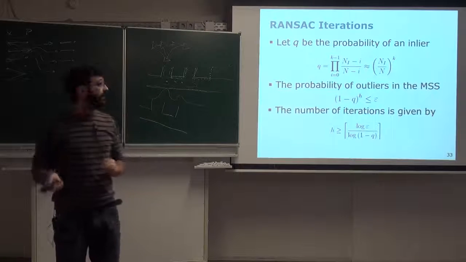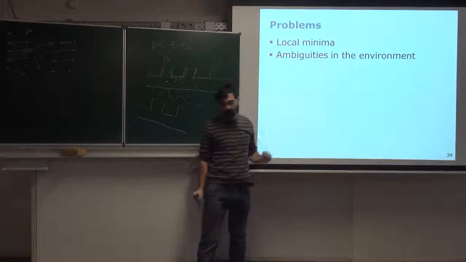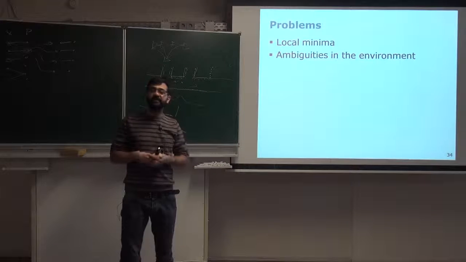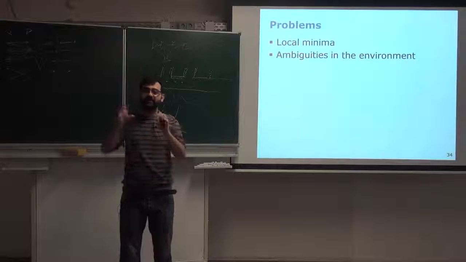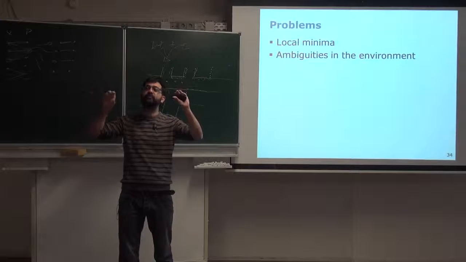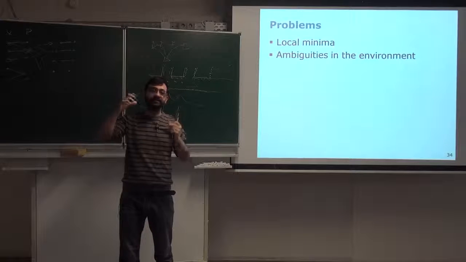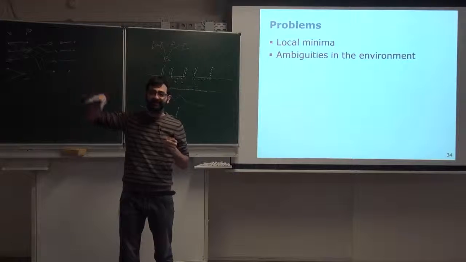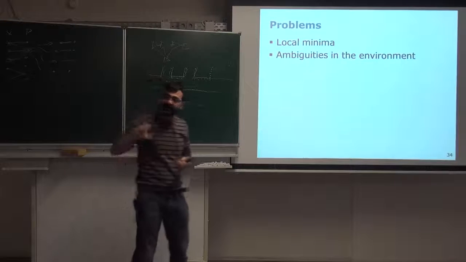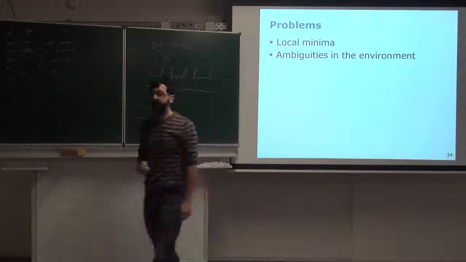Okay? The problem of RANSAC, again, is also local minima. We can never remove local minima, because there might be two different things which really look like the same, and due to noise or bad luck, you always get the wrong inlier set and end up in the other minimum. It also still has problems with ambiguities in the environment.